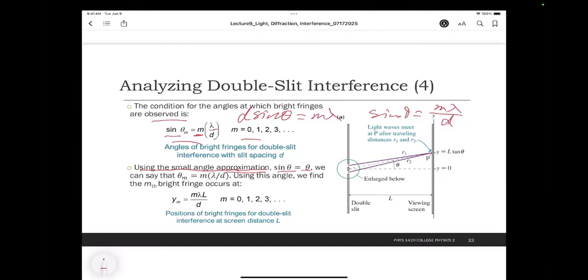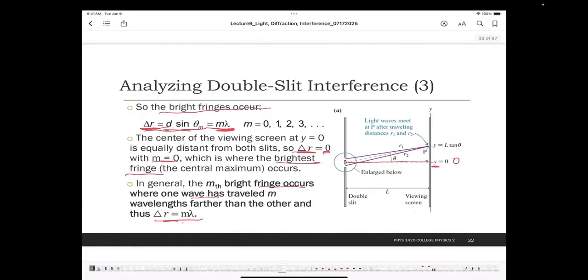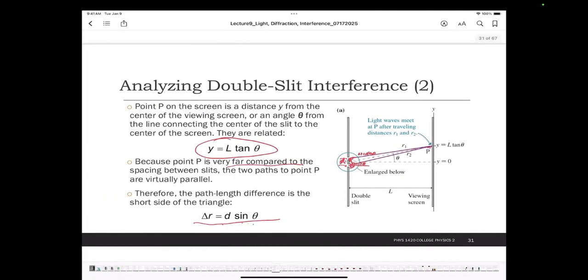We can see that theta m equals m lambda divided by d. Because here equals theta m, we got this equation. Using this angle, we find the m-th fringe occurs at this one. Why? Yeah, because we have this thing. Am I right?